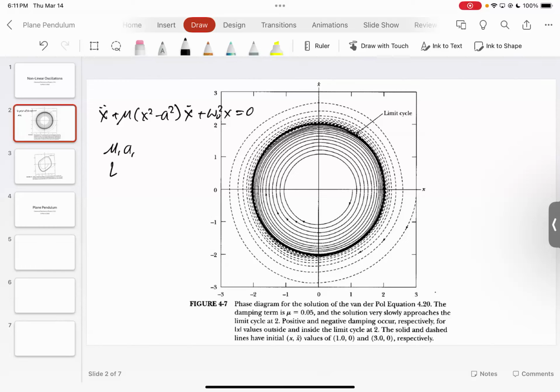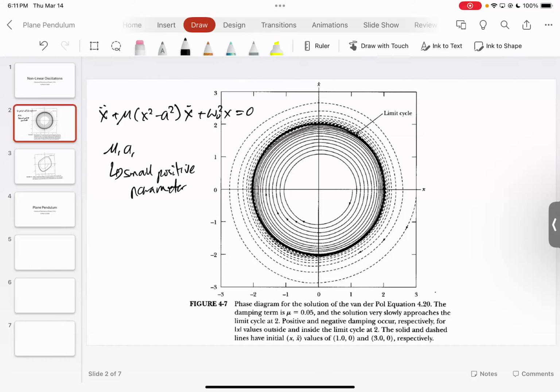Mu is a small positive parameter, which we will see what effect it has later. And of course, omega naught, we know what omega naught is. It relates to the spring constant and the mass of the system.